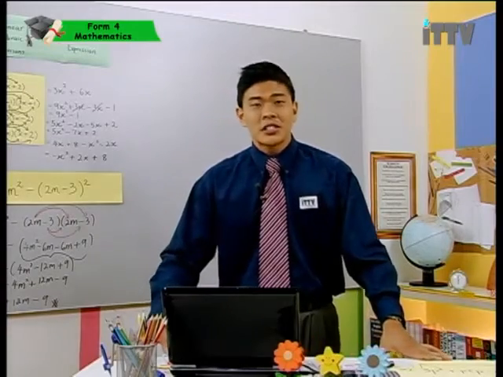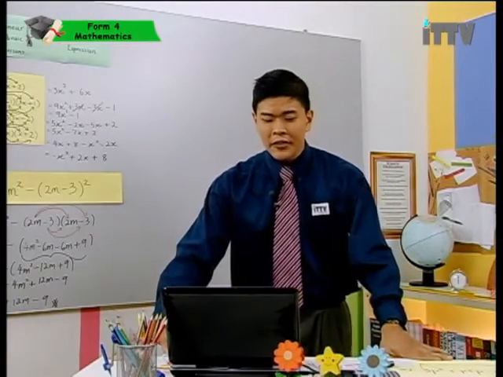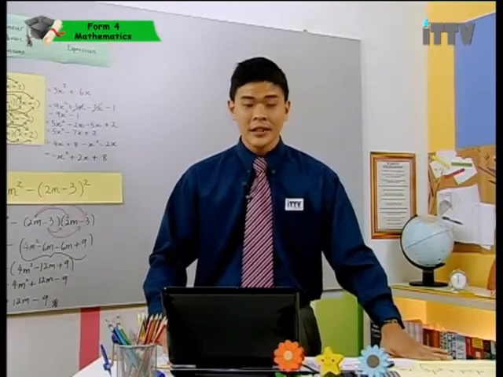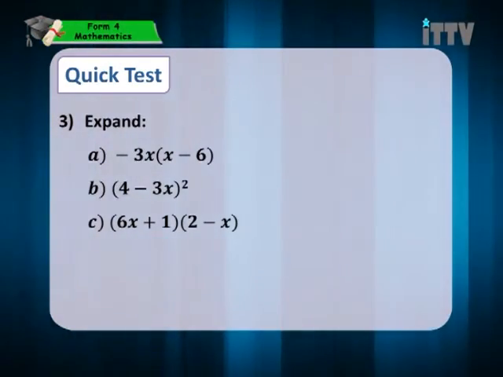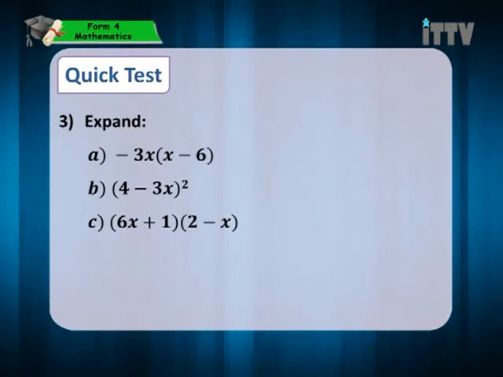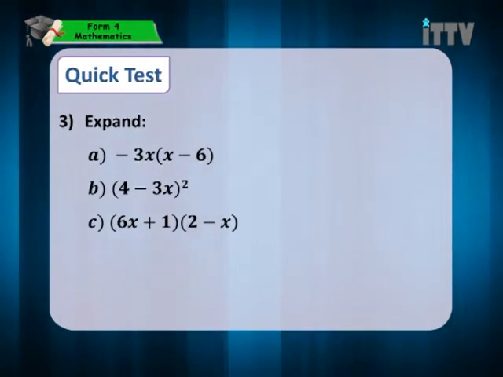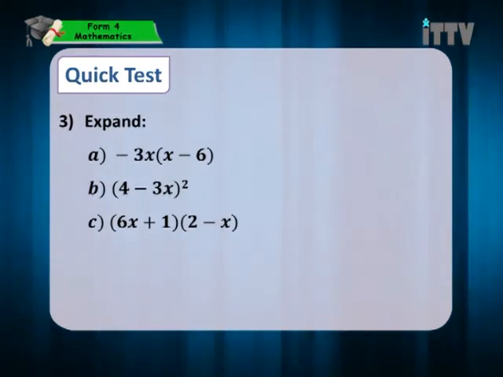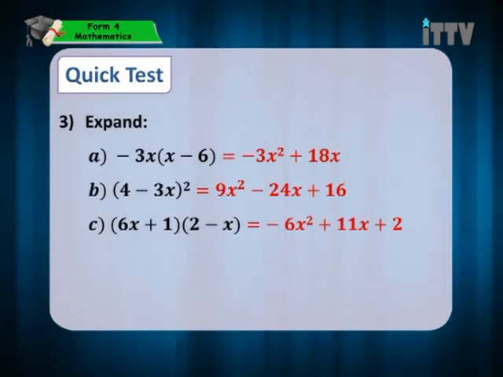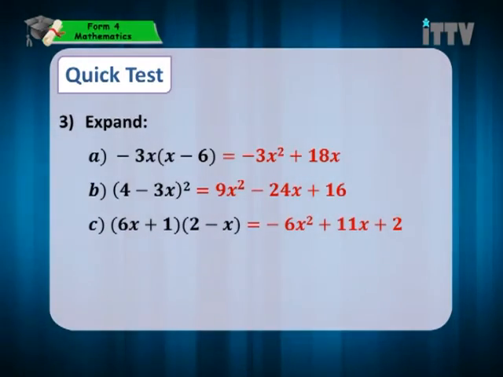Alright, some more questions for your practice. Expand the following expressions. For A, what is the result of negative 3x multiplied by x minus 6? Negative 3x squared plus 18x.